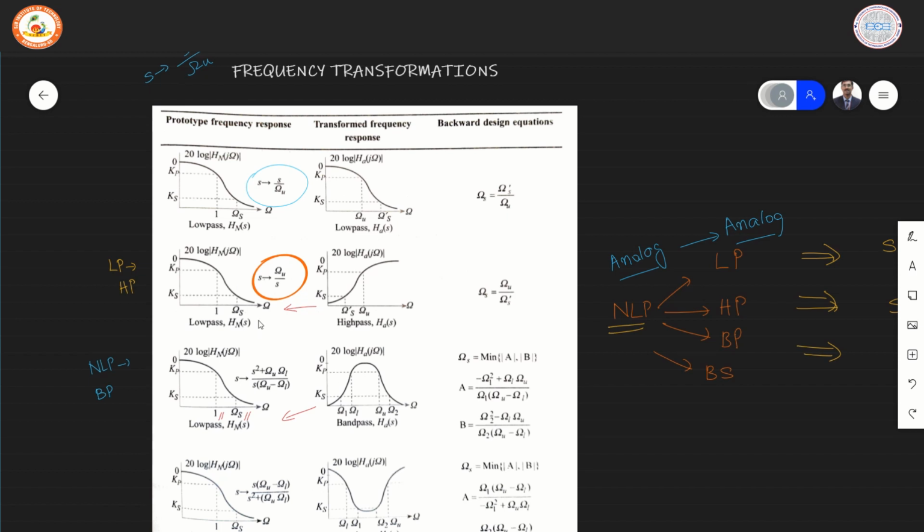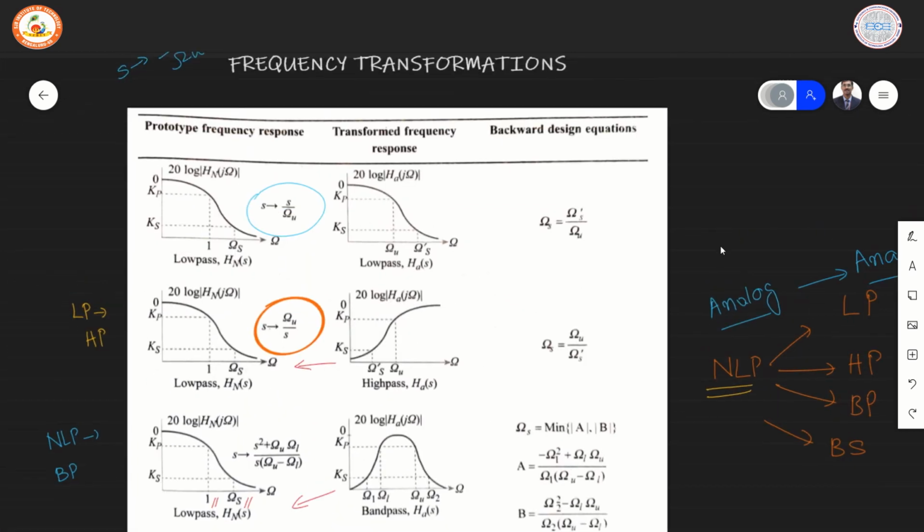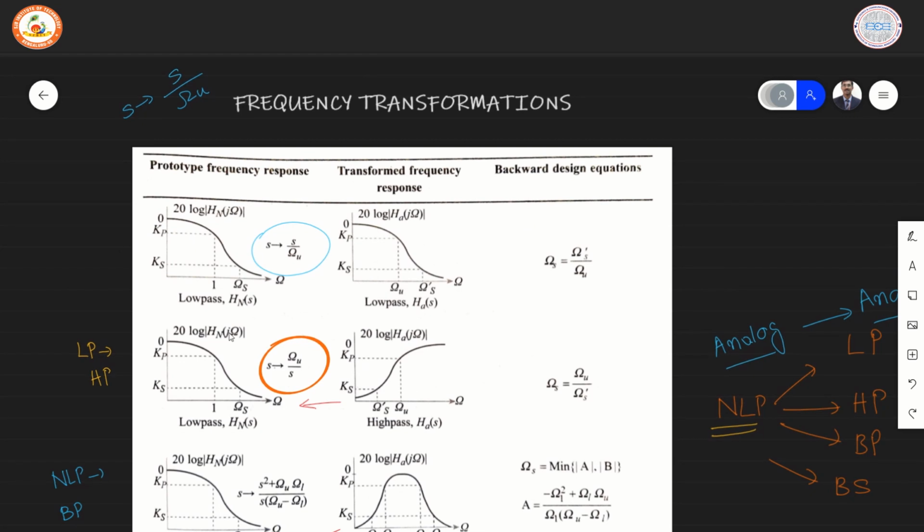In the first case, we can observe the value that is considered. The initial conversion is from low pass to low pass. So here we are converting from a normalized low pass to a low pass filter which has the edge frequency which is something other than 1.